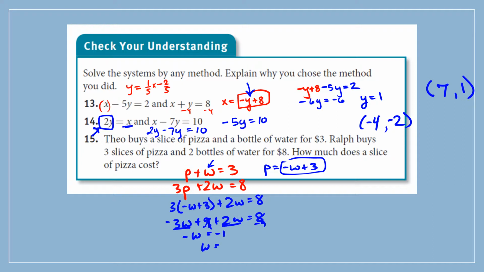So w equals 1. So water is $1, and pizza must be, since he bought a pizza and a water for $3, pizza must be $2. So I could plug it right back in here also. -1 plus 3 would be 2.